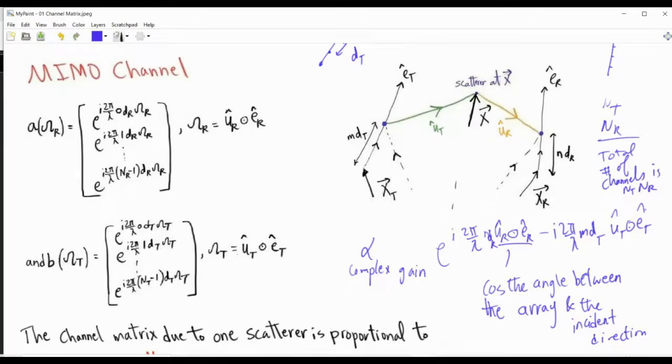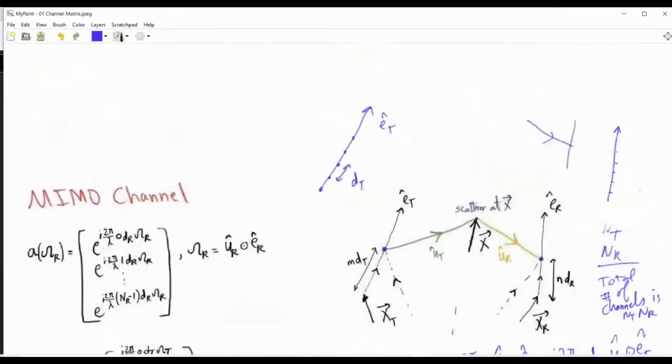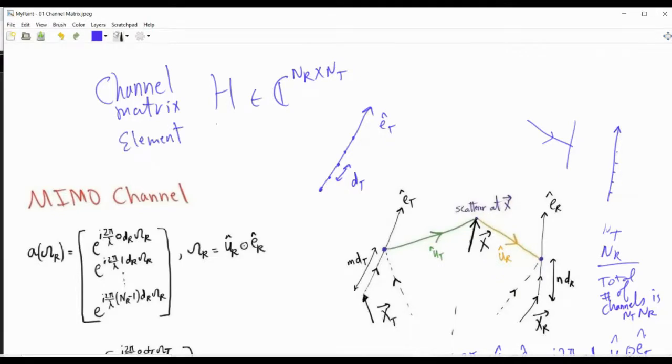So we typically use a channel matrix H, and it lives in nr by nt, and element nm is the channel between the mth transmitter and nth receiver.